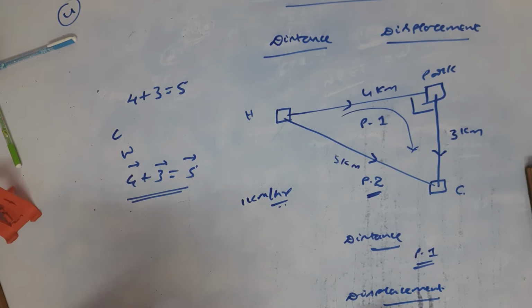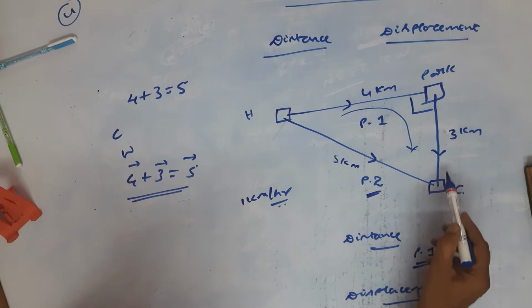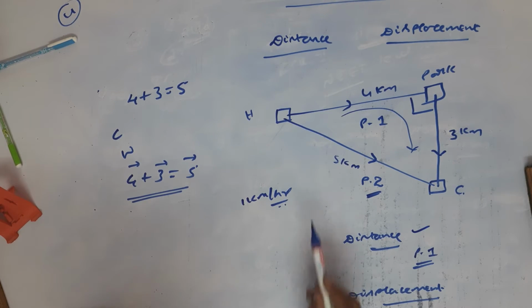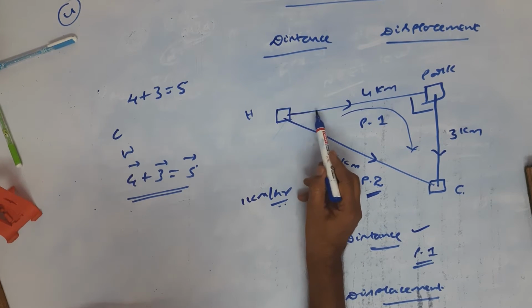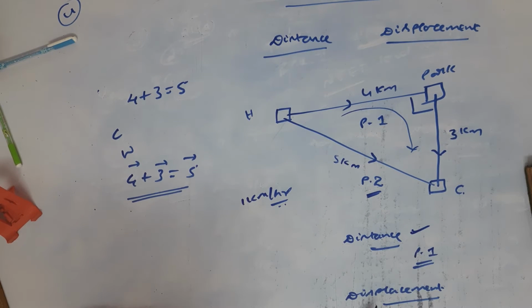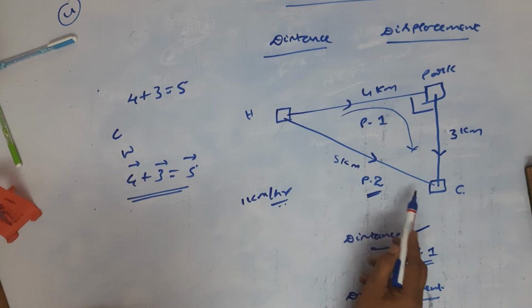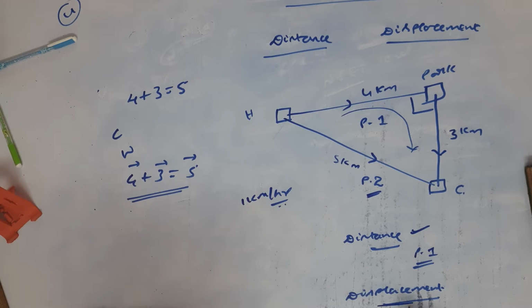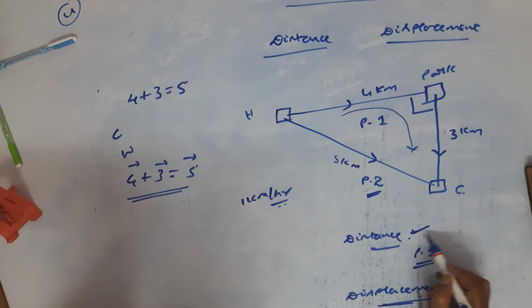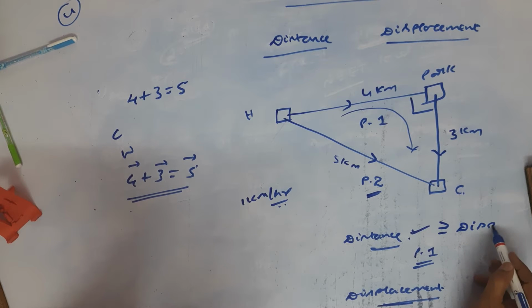Now, what is the difference between distance and displacement? Look here. The sum of the different positions along any desired path is called distance. The sum of the different positions along a straight line path is called displacement. One thing you have to notice is that distance can be equal to or greater than displacement.